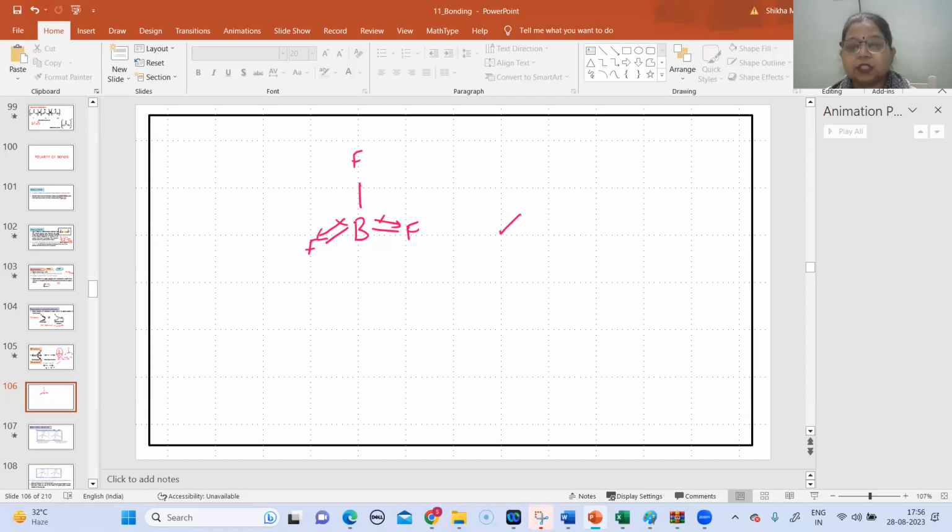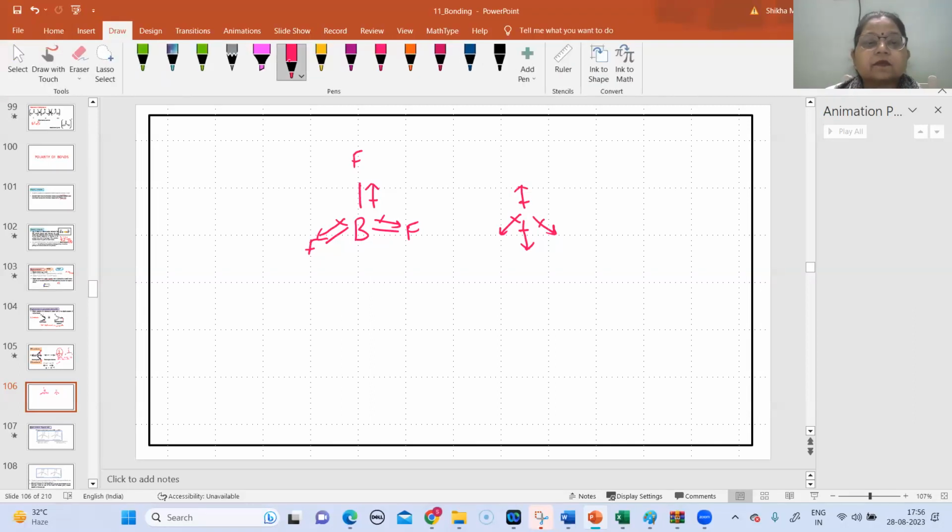The resultant of these two will be exactly in between them, in this direction. And what about the third BF dipole? It will be like this. If I draw it here, you will realize that this one and this one will cancel each other out and the net dipole moment will become 0. Is it clear to all of you now?